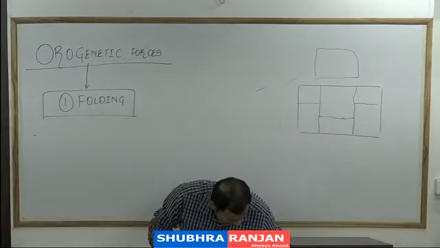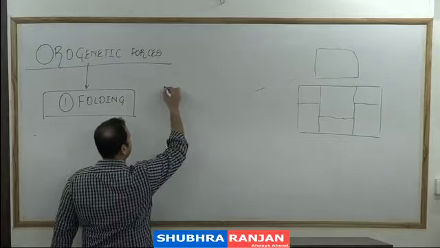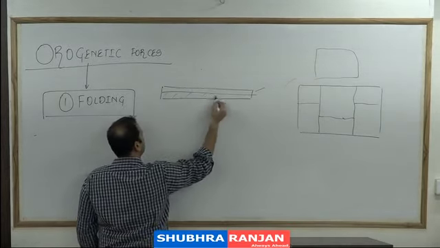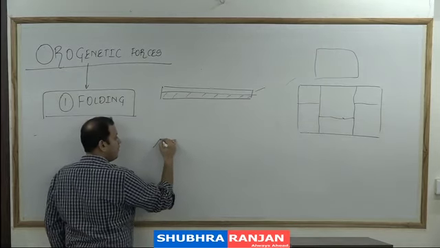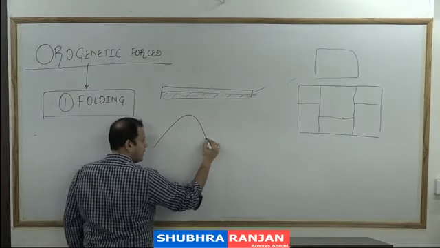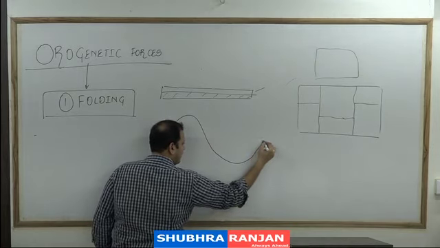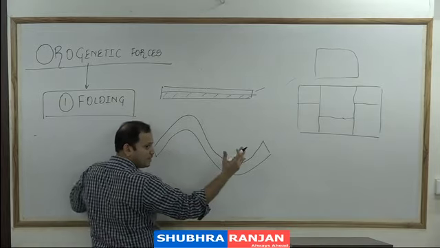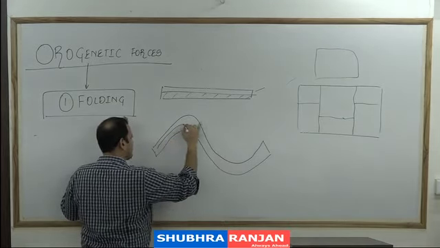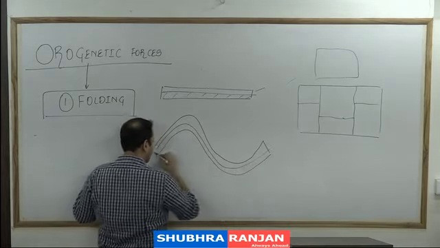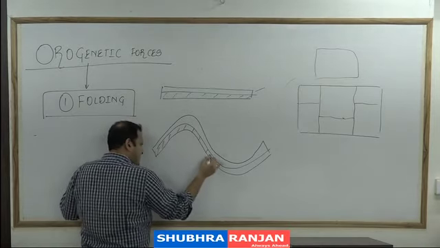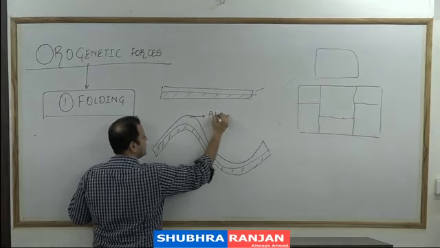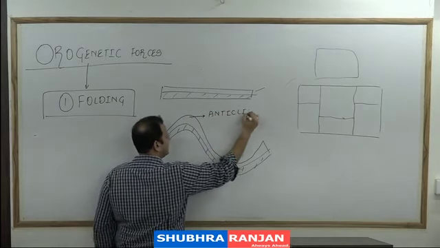Now when we say folding, suppose this is an original landform. Due to folding, the landform will be upwarped, and if the intensity is greater, the landform will also be downwarped. It will look like this because I am now pushing the landform. Now when such a thing happens, we call this a mountain, but in geography this is known as an anticline.